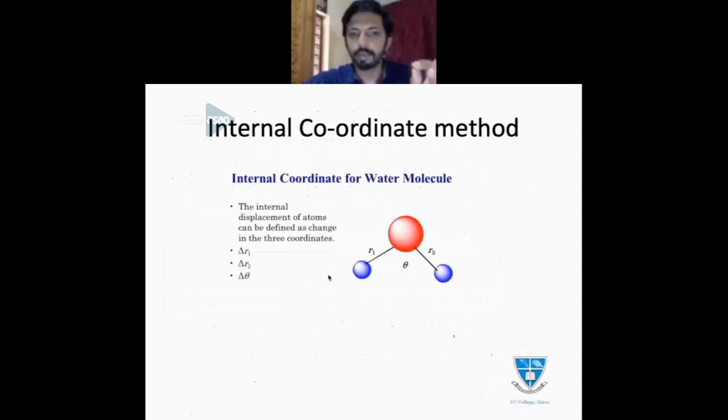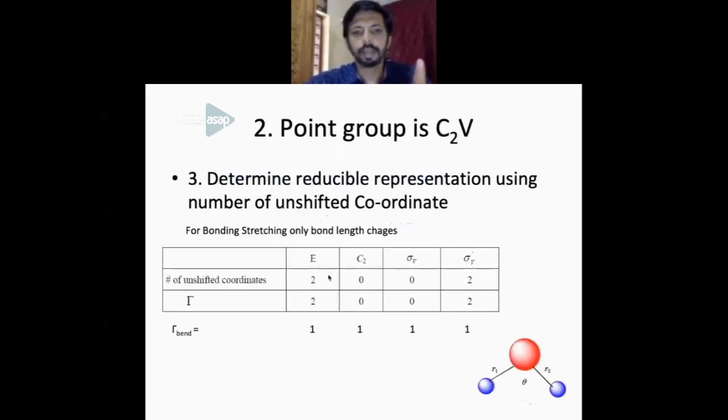We are putting the internal coordinates as R1, R2 and theta. First we are changing the internal coordinates R1 and R2, taking only R1 and R2, and determining the number of unshifted coordinates, that is 2, 0, 0, 2. Then in the bending vibration, we are taking only theta, and the number of unshifted coordinates is 1, 1, 1.